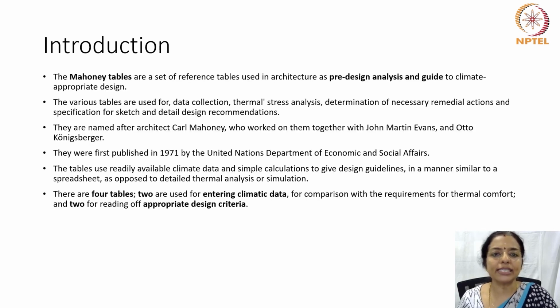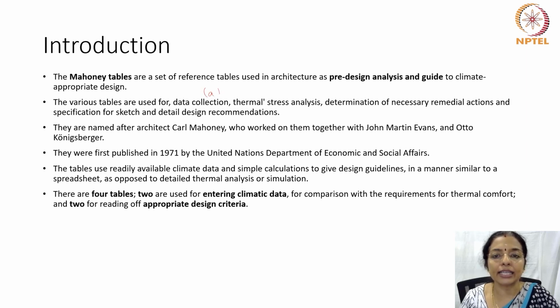So the Mahoney's table is a set of reference tables used in architecture as a pre-design analysis and guide to climate appropriate designing. The various tables are used in this type of analysis, which has information pertaining to the climate of the place. So there is data about the climate of the place.